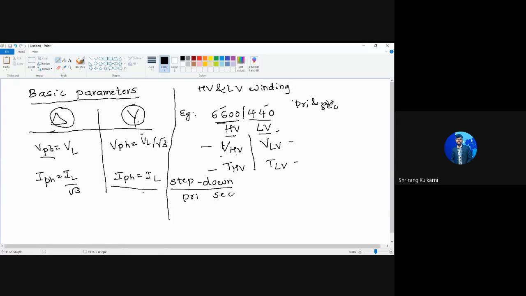In all transformers we have primary and secondary. Which is HV and which is LV? Can anyone tell me? Who will tell this? Primary high voltage, sir. Secondary low voltage.